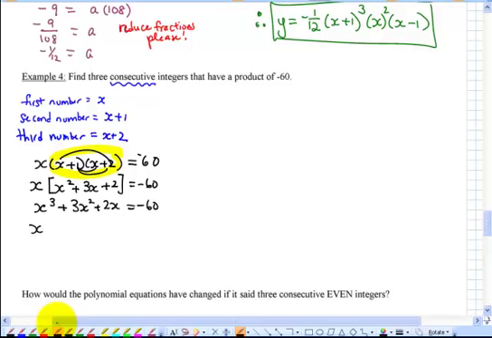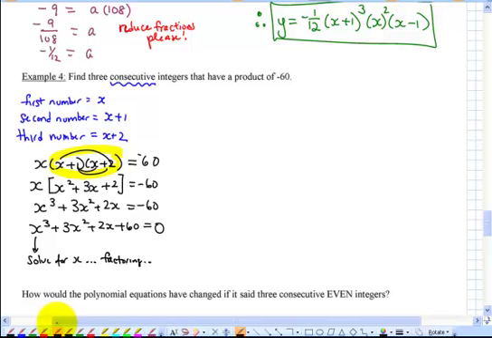And then I'm going to move everything to one side. And now you have to solve for x. How can you solve for x? Well, you'll have to do the factoring and all that kind of stuff.